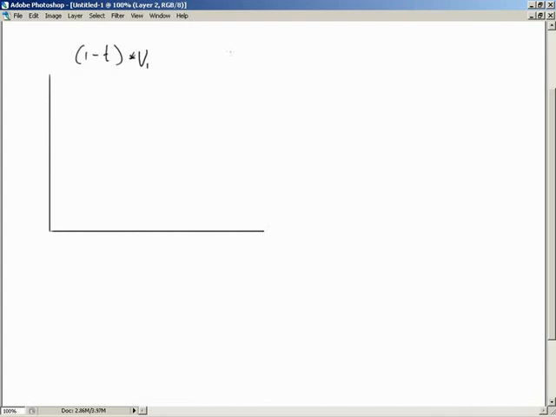And we had our t value, our curve that went this way, multiplied by a value 2. Let's say that value 1 is somewhere here and value 2 is up here. These are just random numbers that I'm picking. Well, we saw that 1 minus t would go from 1 down to 0. So 1 minus t times value 1 would go from value 1 down to 0 across the length of our curve, going from start to end. So that would look like this.